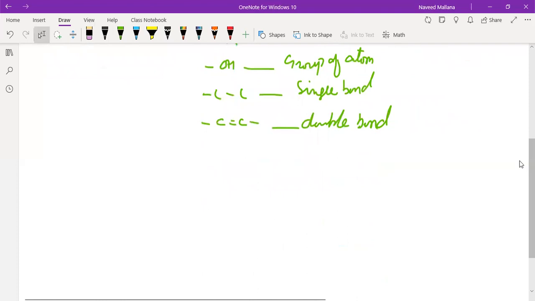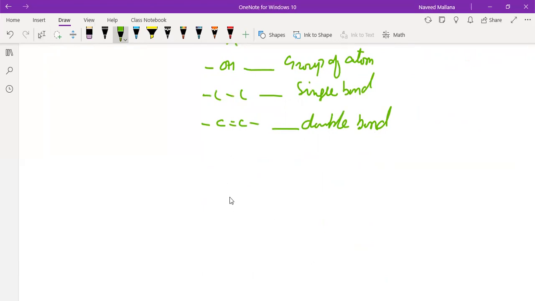Number 1, this is an organic compound, C, this is OH. This OH is functional group.